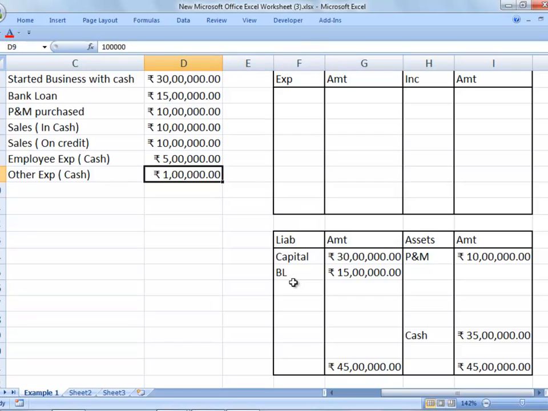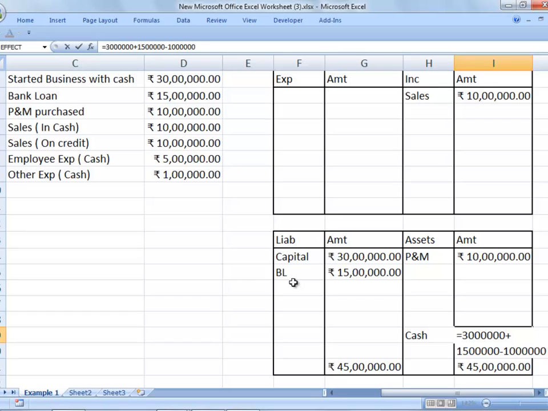Then the next transaction is sales of 10 lakhs in cash. Sales of course would go on to the income side. Sales 10 lakhs. The second effect would be that cash will increase by 10 lakhs. Now at this stage my total here is 55.